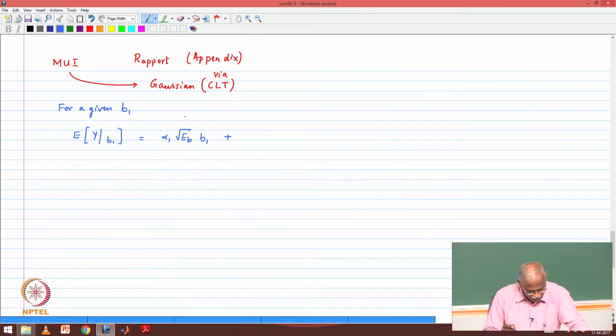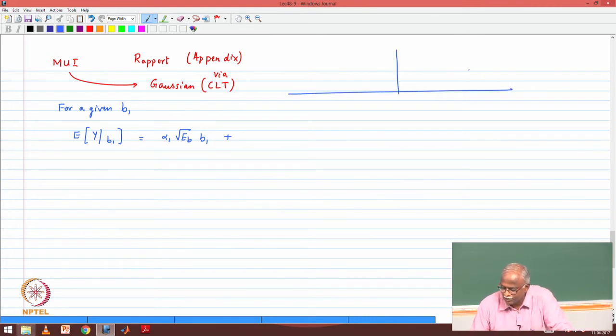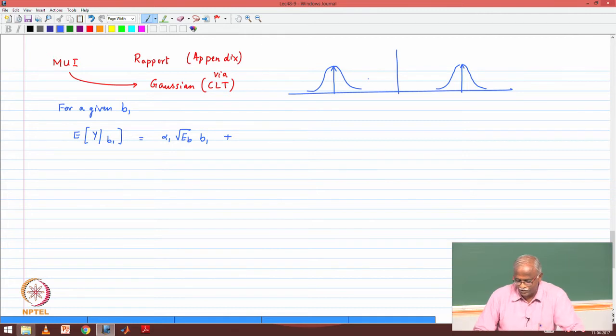If you recall, whenever you did digital communications, if you are transmitting a +1, your mean value will be +1 with some Gaussian noise around it. Similarly, if you are transmitting a -1, there will be some Gaussian noise. So there is a mean value and a Gaussian. Basically, we are going to make an equivalent understanding where there is a mean value represented by the bit that was transmitted.